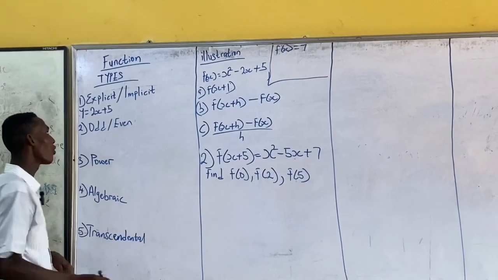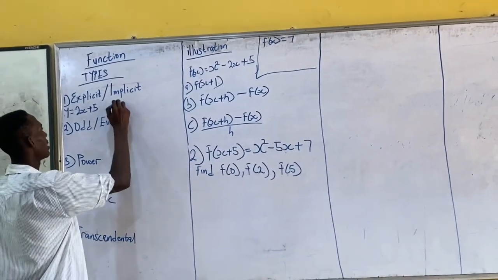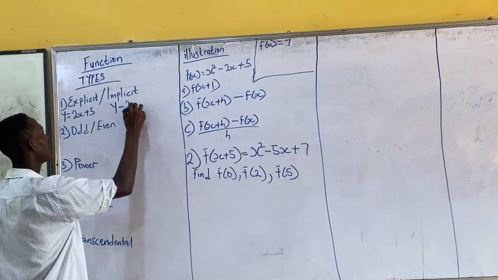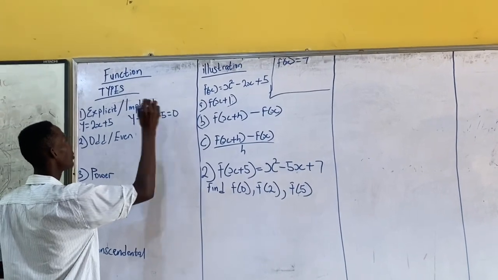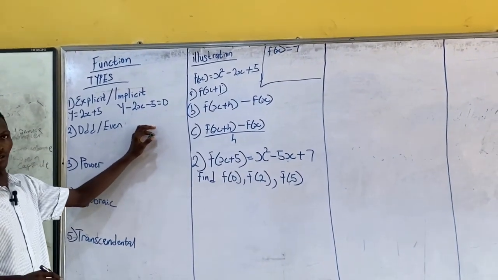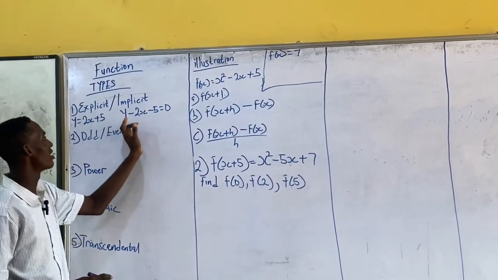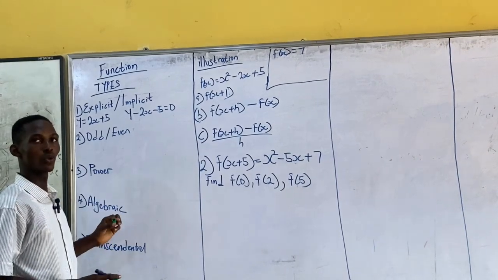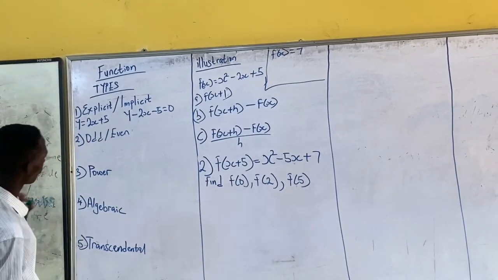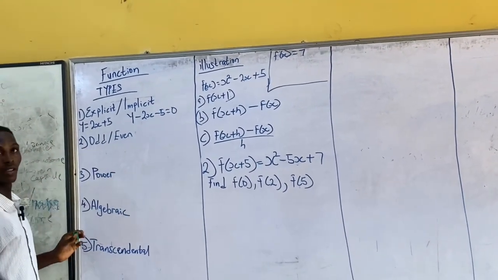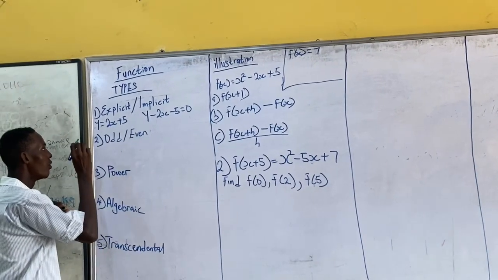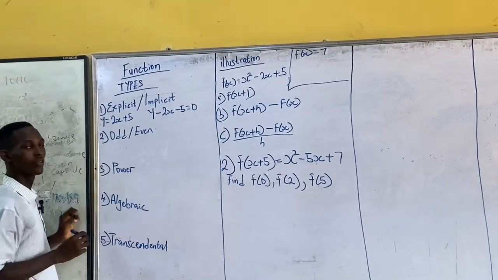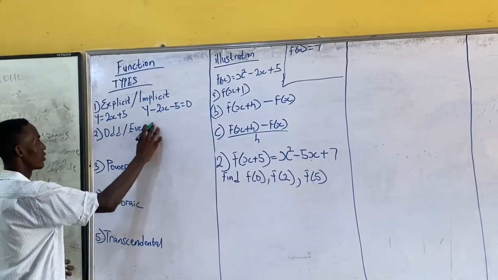But for an implicit function, you will have it together, something like this: y minus 2x minus 5 is equals to 0. This is an implicit function because they are expressed together, so y is not the subject of the formula. So you get.